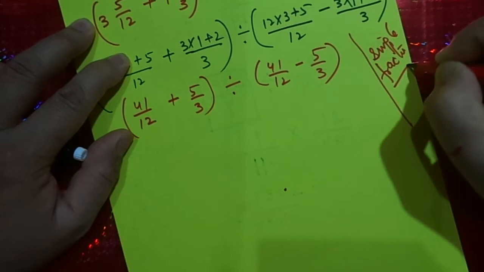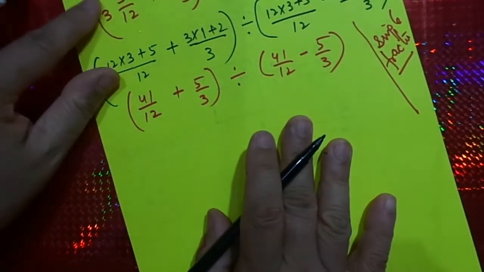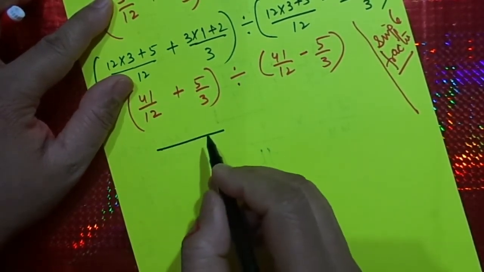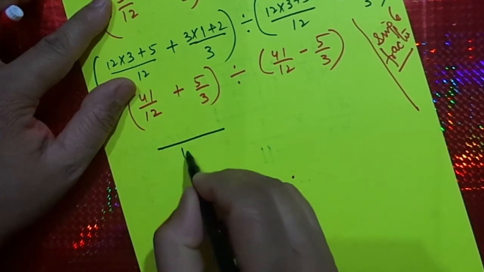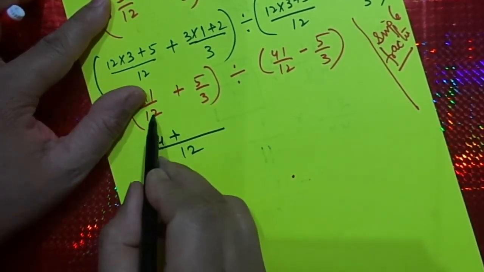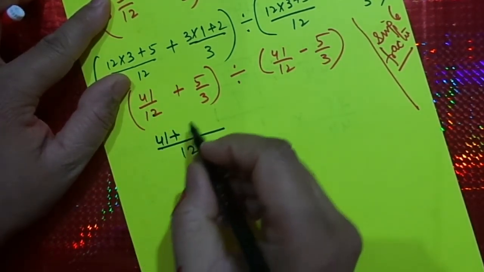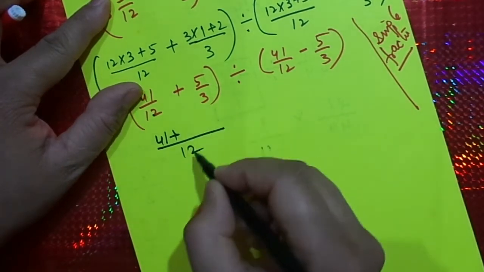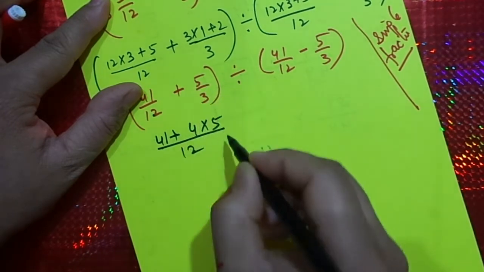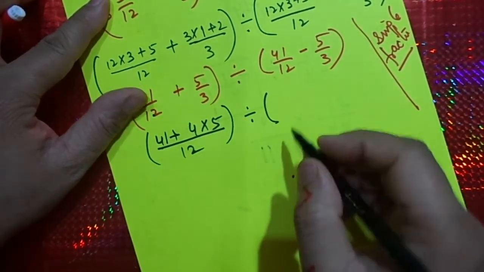I hope this is not quite visible, but my voice might be audible to you people. So here we have, let's take the LCM of 12 and 3 as 12, and we have 41 over here, plus 12 divided by 3, 4, multiplied by the numerator. We are not changing any rule.